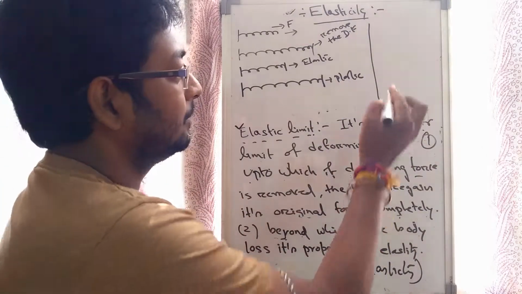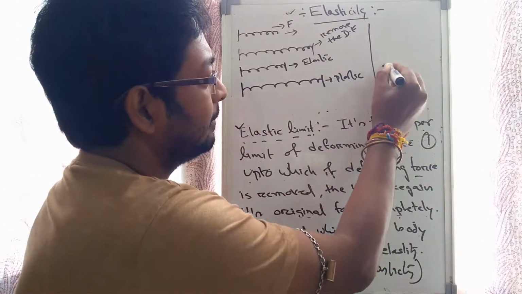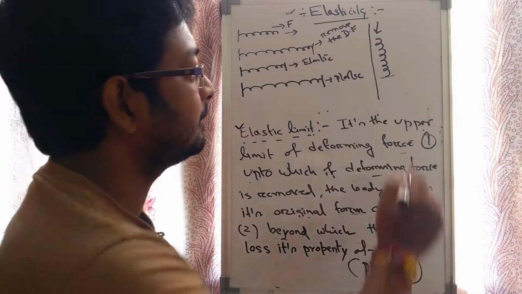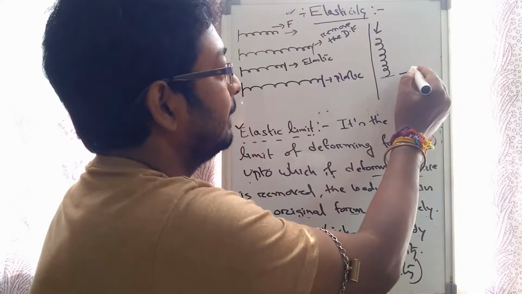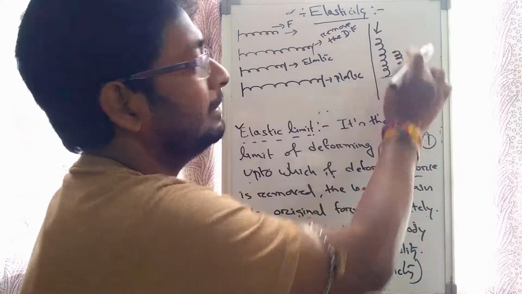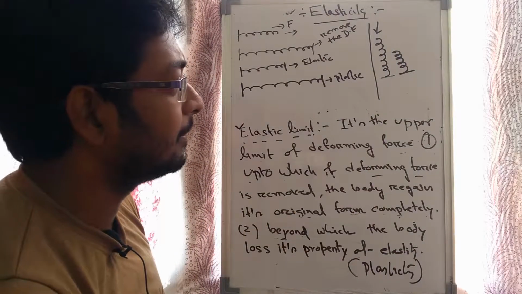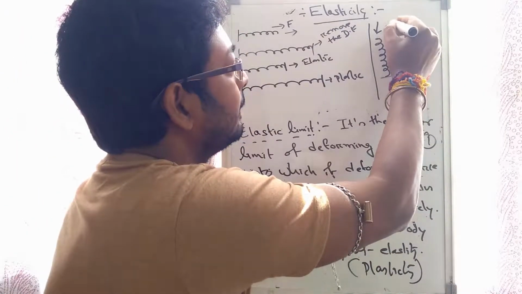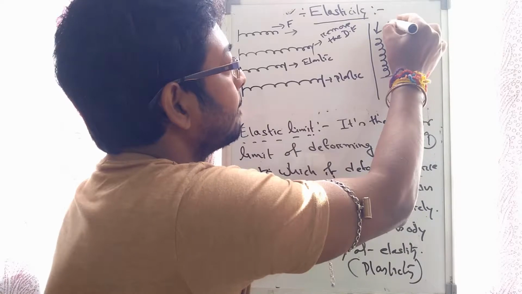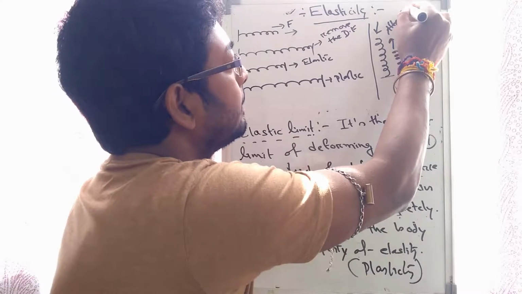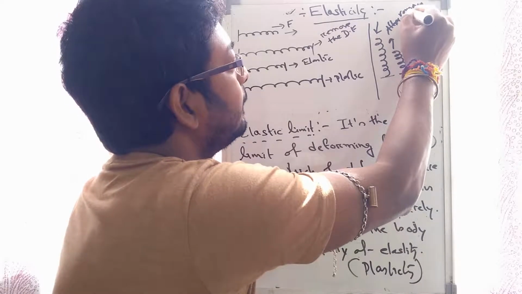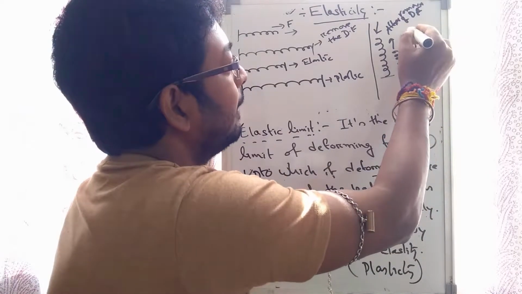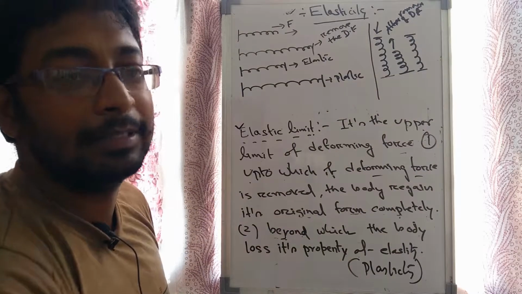Now, there are also types of elastic. Suppose, again the same spring, and I apply some deforming force in this direction, meaning I press it, then its length is reduced. Now after removal of the deforming force, what do I observe? I observe that it again completely regains its original size.